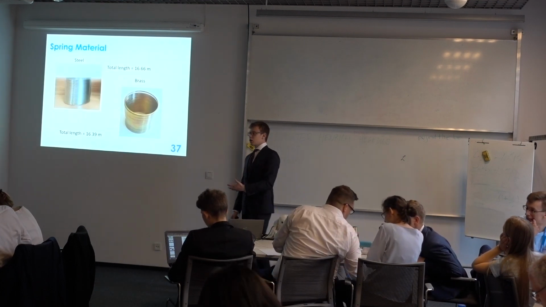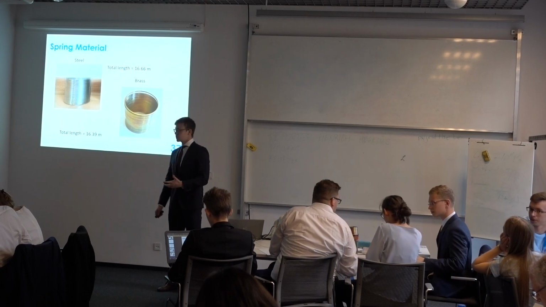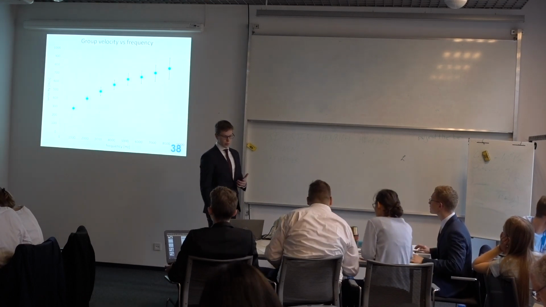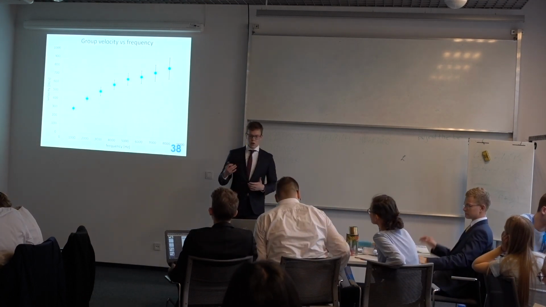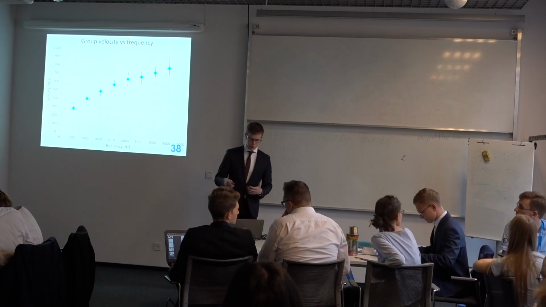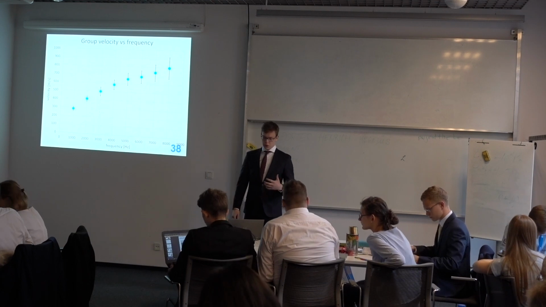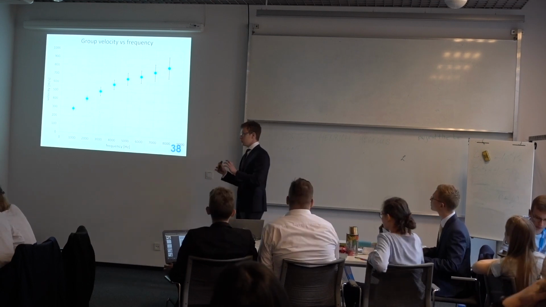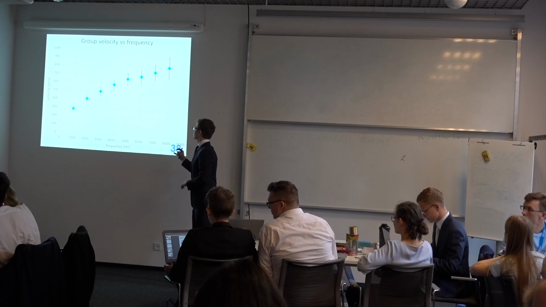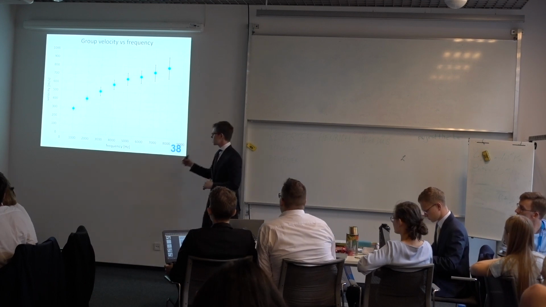Okay, so now let's look at how the material of the spring affects this phenomenon. We measured the velocity of the sound in the springs, and we can see that the errors at the high frequency range are a lot higher.